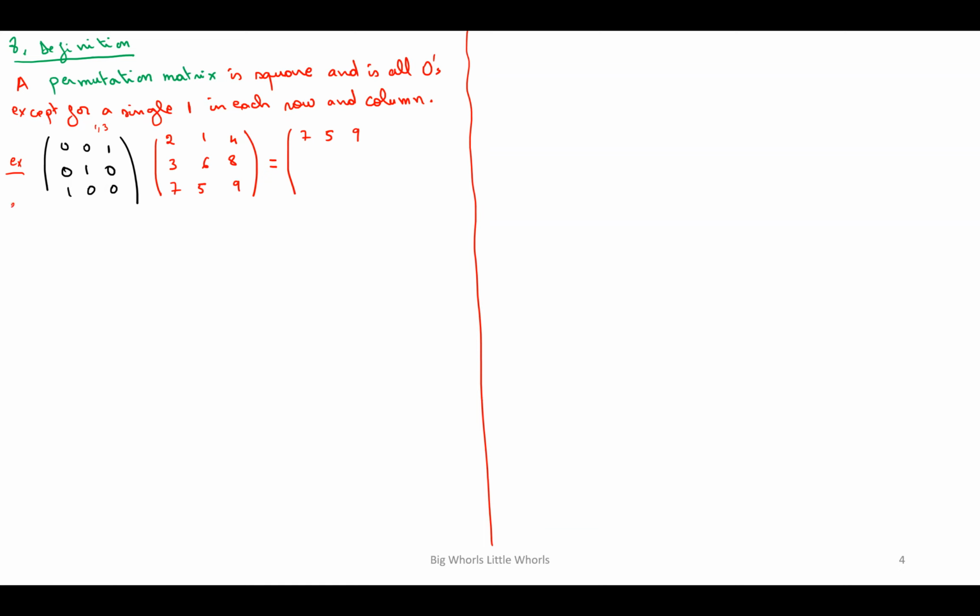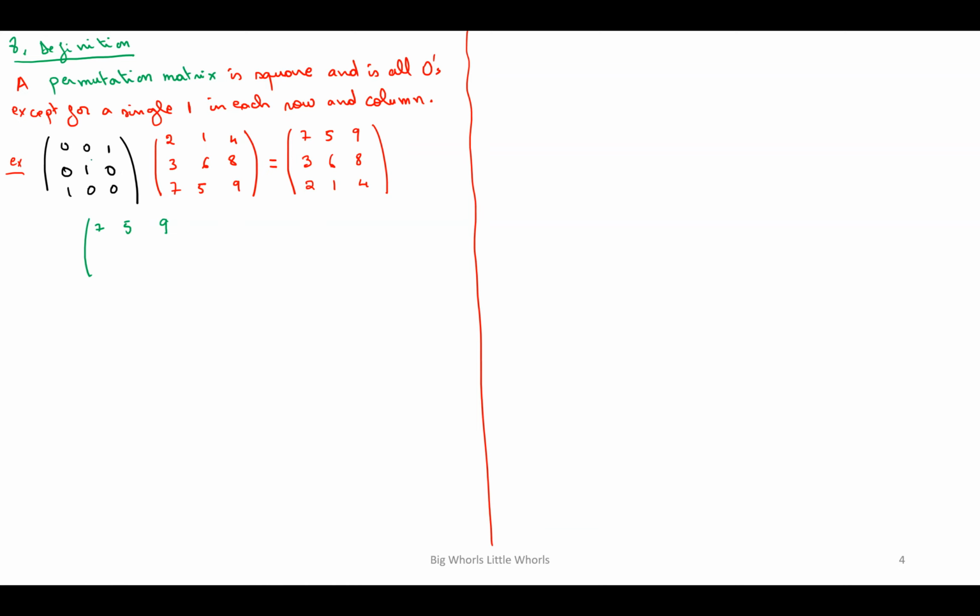Now let's check with normal matrix by matrix multiplication. 0 0 1 multiplied by the first column 2 3 7 gives 7. First row, second column, this is going to be 5, and third, this is 9.